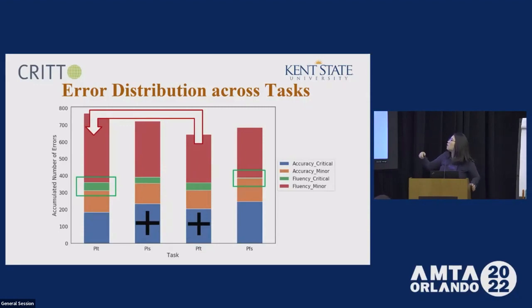Whereas if they are working on light post-editing with provided term base, they produce the most fluency minor error. And if they are provided with light post-editing with search or full post-editing with terminology, they tend to produce more errors than the other two tasks.